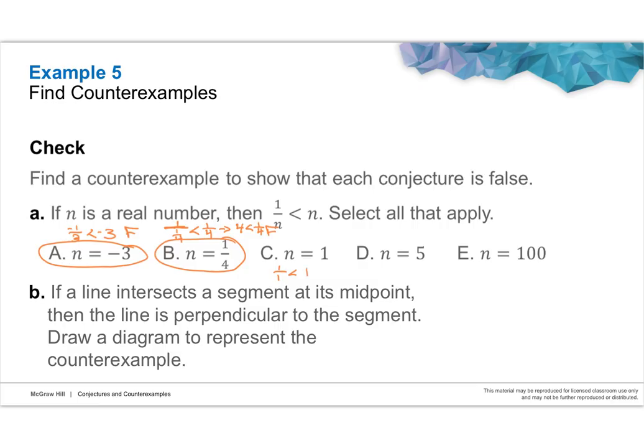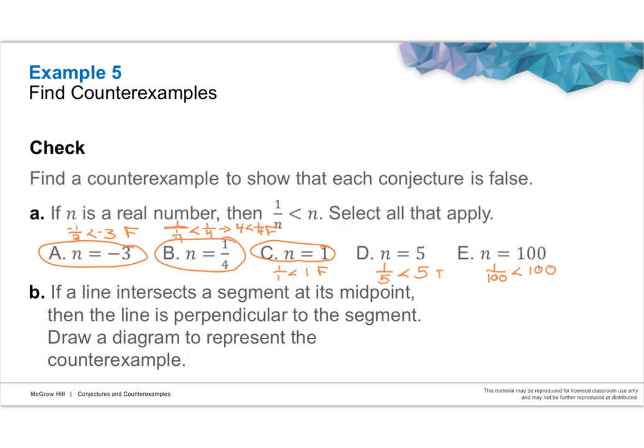Well, 1 over 1 is equal to 1, so that would again be a counterexample because that's a false statement. If we look at D, we are looking at 1 over 5 being less than 5. Well, that's true. And then 100 as our counterexample, 1 over 100 is less than 100. So it looks like we have choices A, B, and C that qualify as counterexamples.